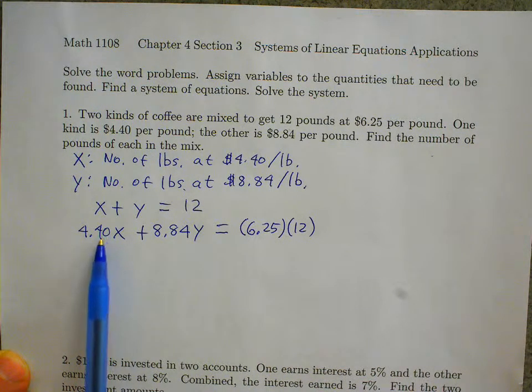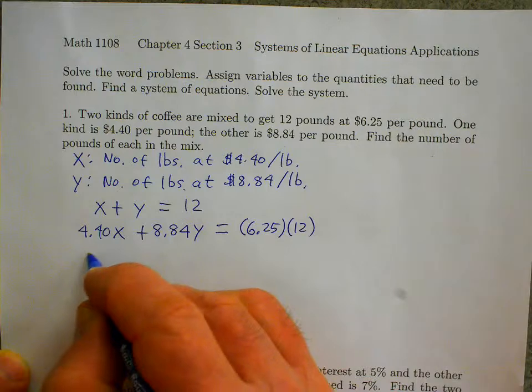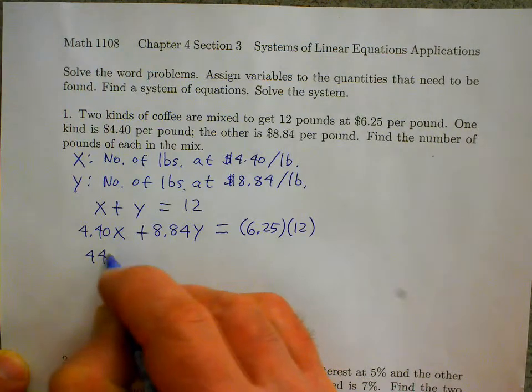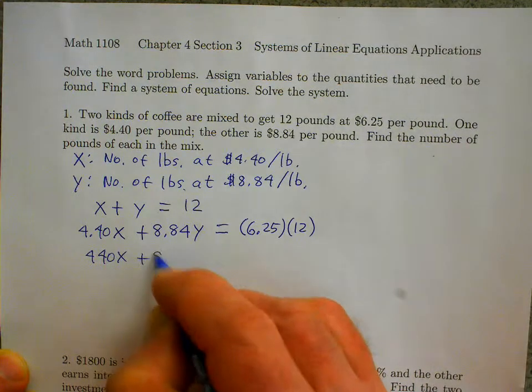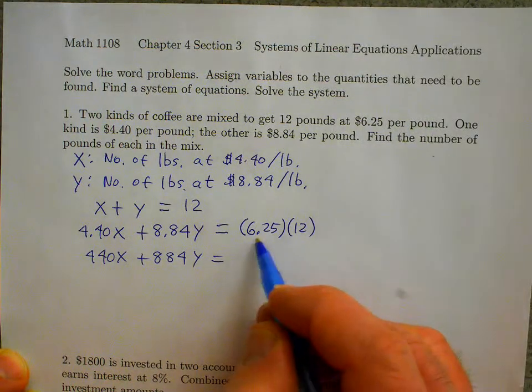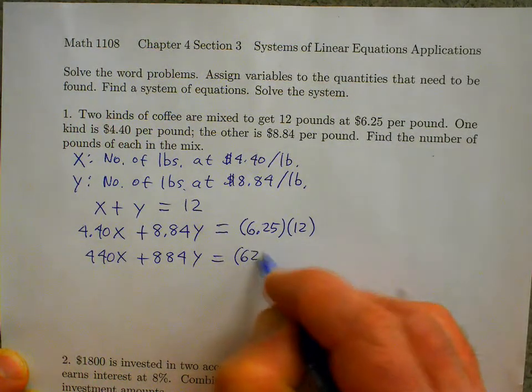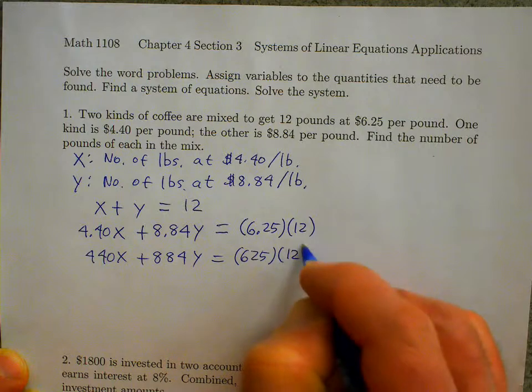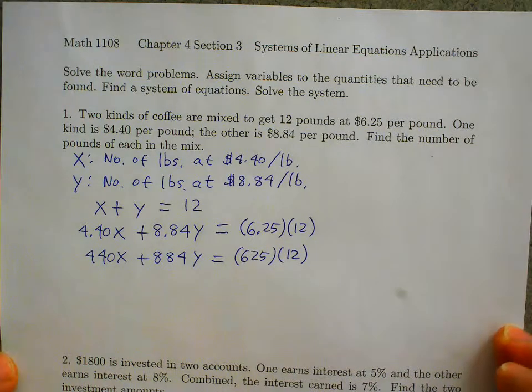But if I multiply every term on both sides by 100, then I get 440x plus 884y equals 625 times 12.